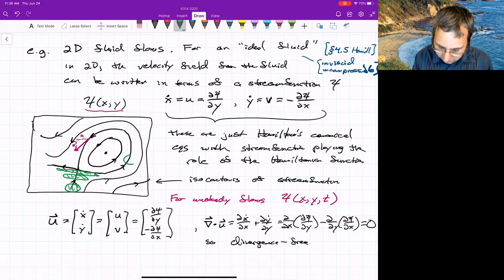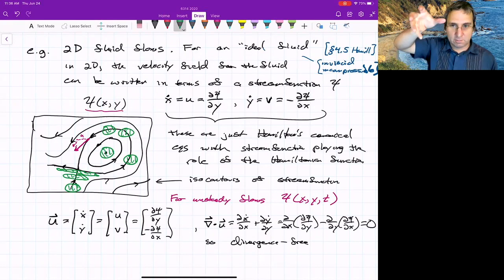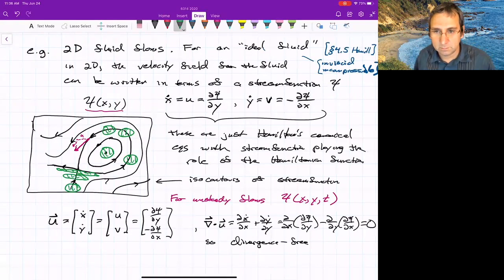Other blobs elsewhere, maybe they'll just get rotated around. And if I have a blob right on that central part, it'll just rotate. Okay. And then because it's fluids, isocontours of the stream function are called streamlines.